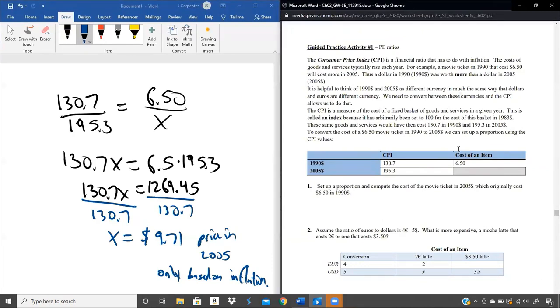So we have a 2 euro latte, and then a $3.50 latte. Notice when they create the table, they did not sit them next to each other because that would not be the same currency. This is like the 1990 dollars. This is like the 2005 dollars, but we're not calling them those things. They're euros and dollars.